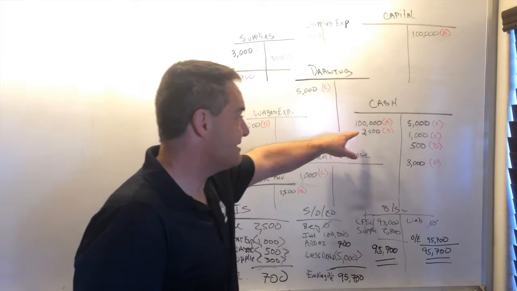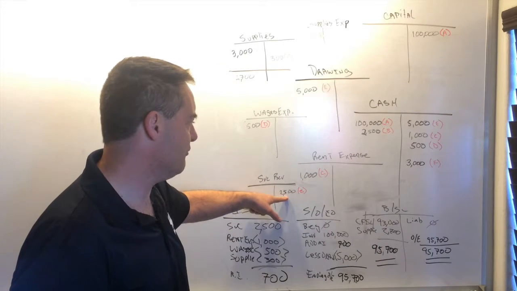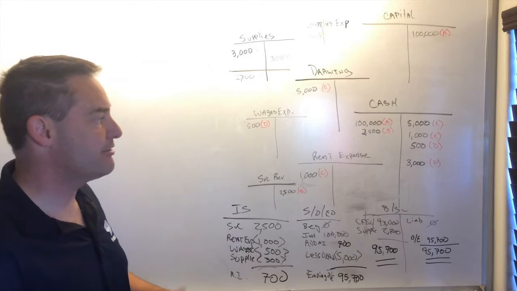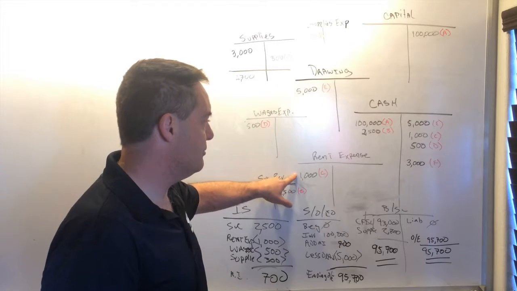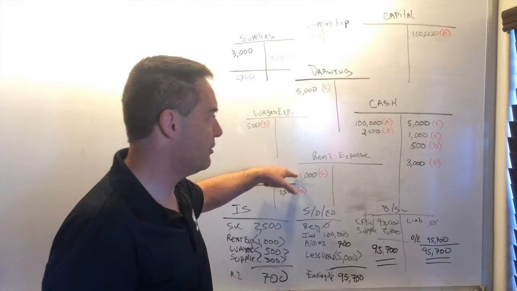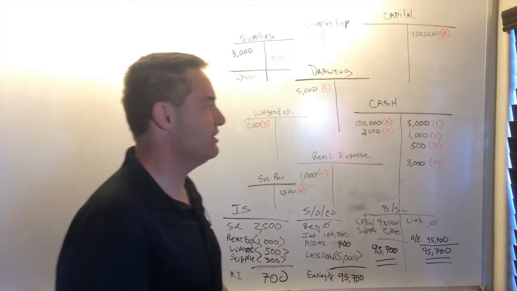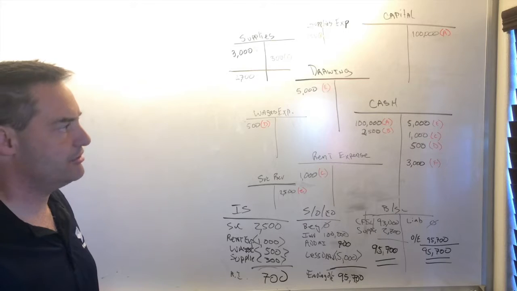So that's a debit to cash for $2,500 because we received it, and a credit to service revenue for $2,500. Third transaction, we paid our landlord $1,000 in cash. That's a debit to rent expense for $1,000 and a credit to cash for $1,000. That's not an adjusting journal entry, but general journal entry C.